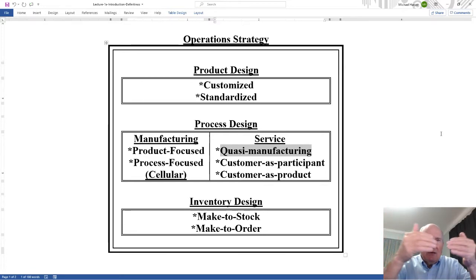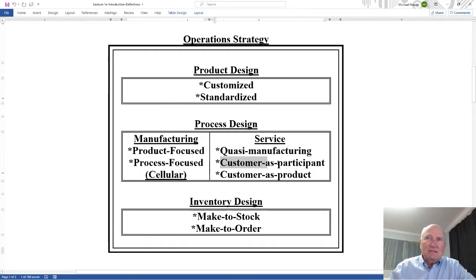So together, you have a service where the customer is participant up front. The customer has very little. It's quasi-manufacturing in the back. Well, the reason they separate that out is customer as participant requires certain types of skills in the server or in the service. For example, communication skills.